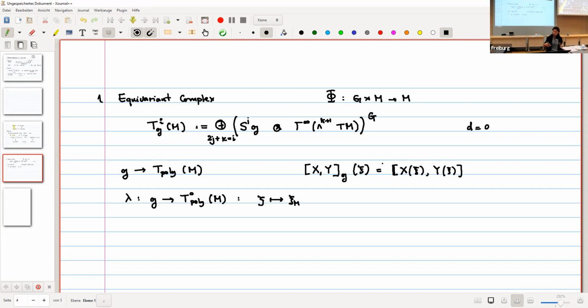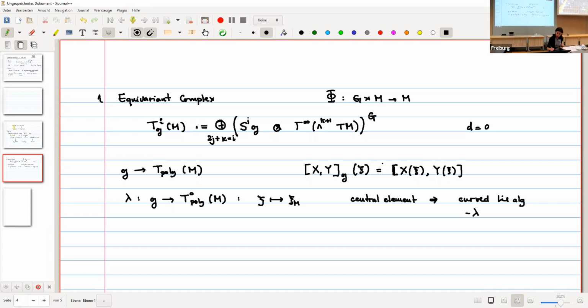So you see what you get automatically is a central element, which means you have a curved Lie algebra, where the curvature is actually minus lambda. So you really have some special structure, a DGLA with a curvature, where you are encoding the information of the action.